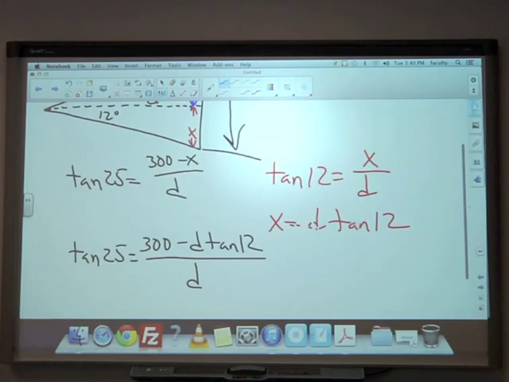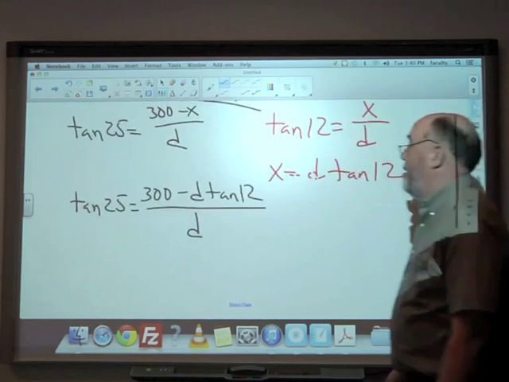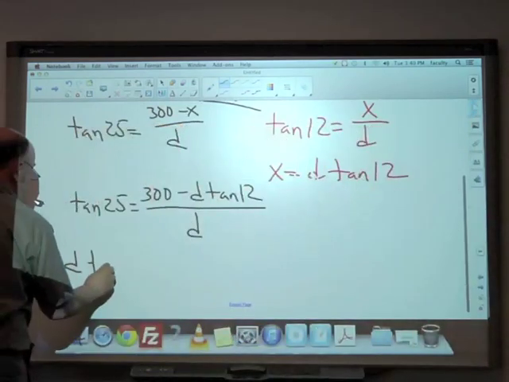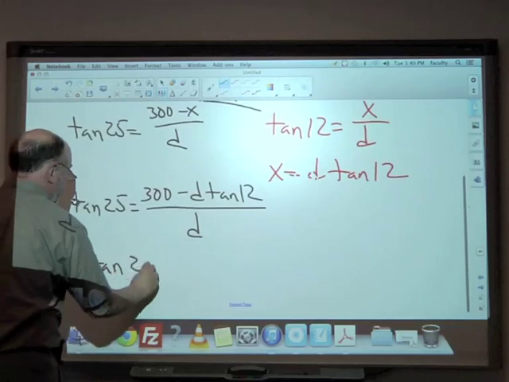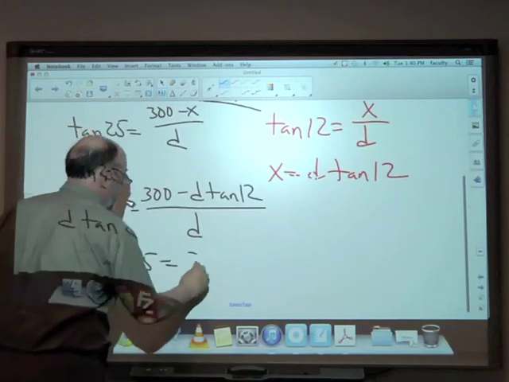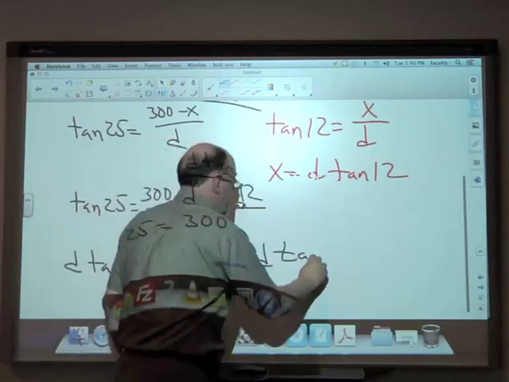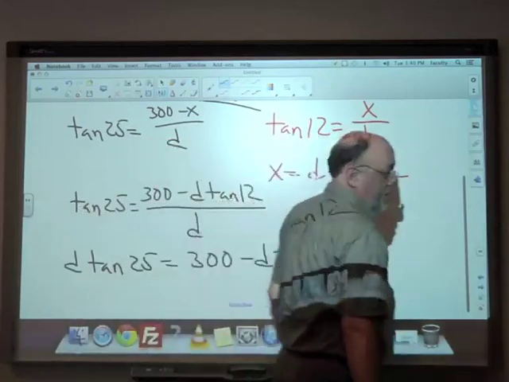Want to solve for D? What is the opposite of dividing? So we get that D times the tangent of 25 is going to equal that.